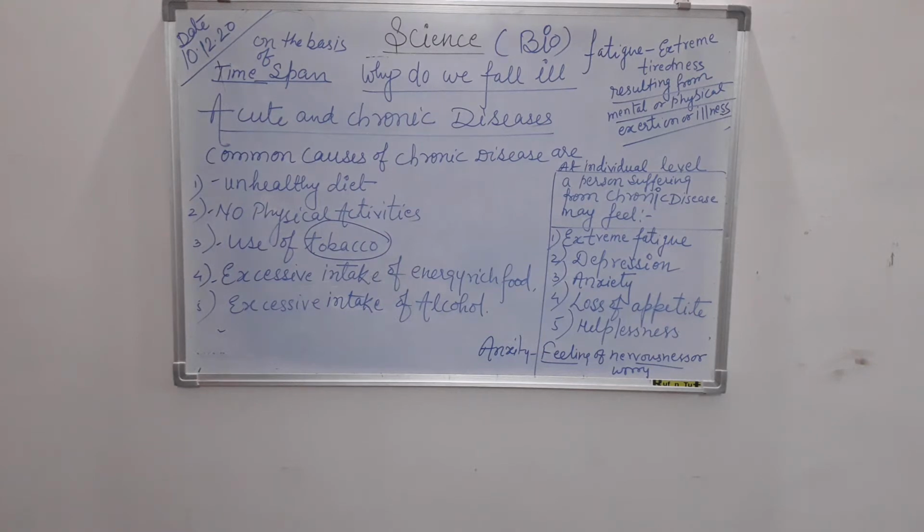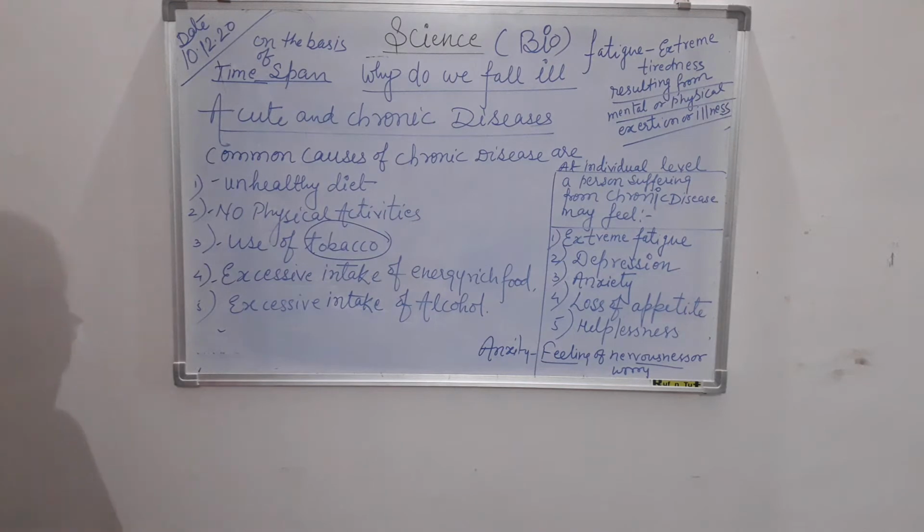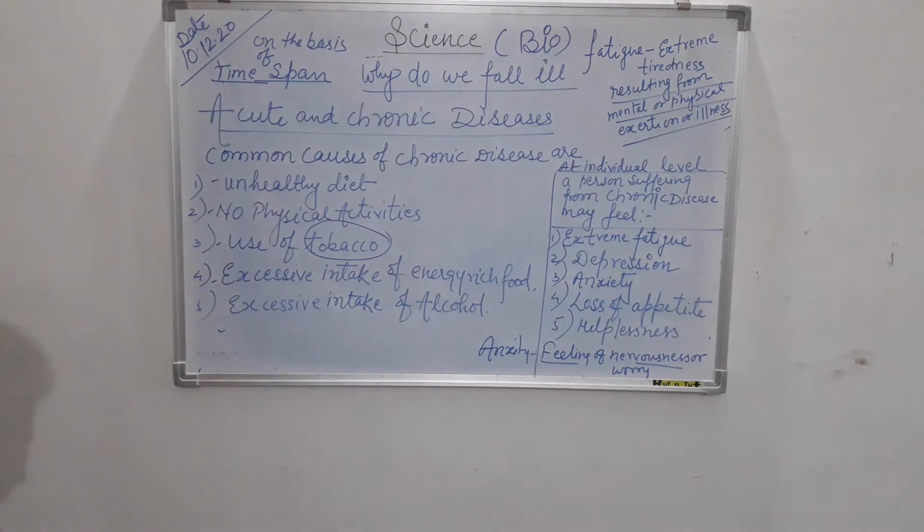Some diseases last for only very short periods of time and can be treated at home successfully. On the other hand, some diseases which last for a longer period of time and cannot be treated at home successfully are called what? Chronic diseases.